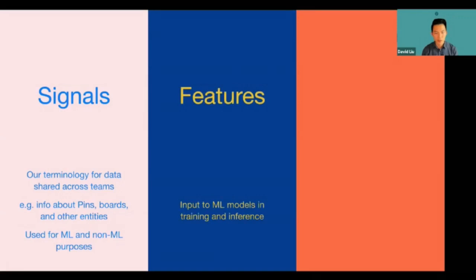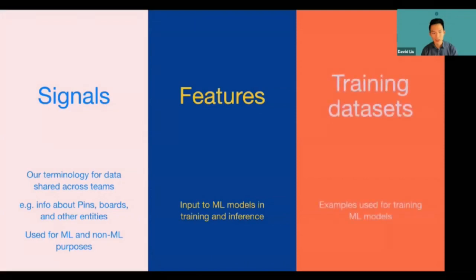Features, on the other hand, are specifically for ML. They're a more restricted data type that can go directly into models to generate predictions, and they're usually derived from signals. Training datasets are large sets of examples for ML, and typically each example will have many features and some labels.